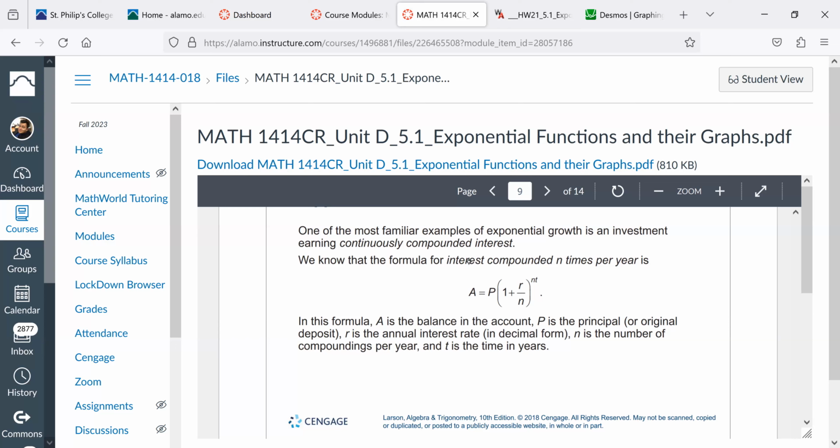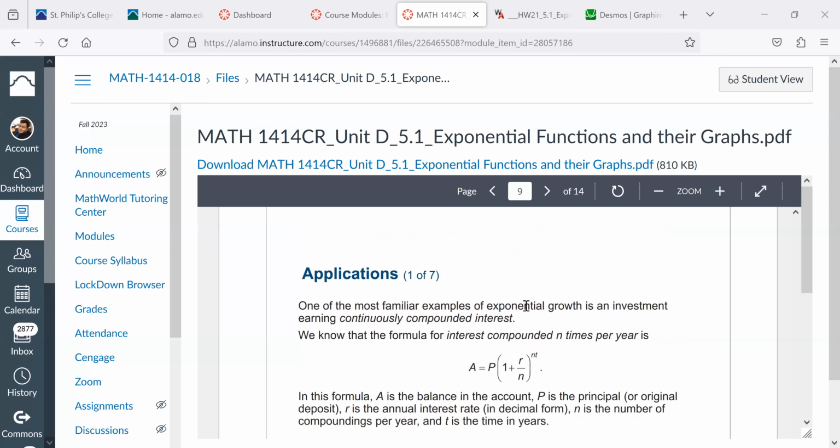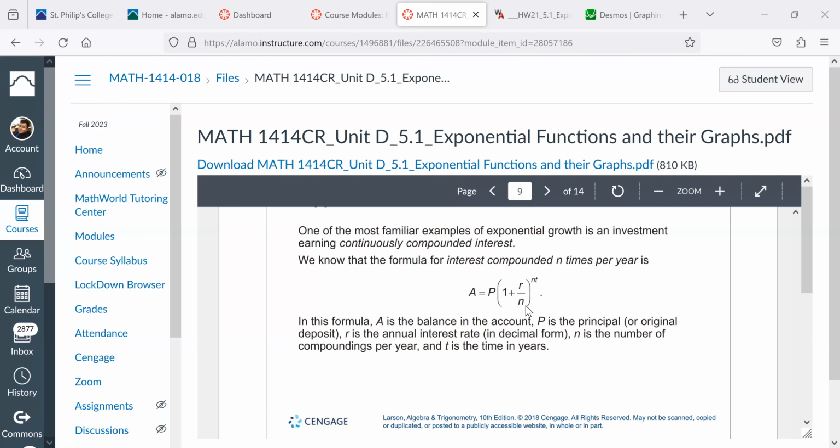Hold on, sorry guys, one moment. All right. So this is the formula we're gonna need. (1 + r/n) to the nt.